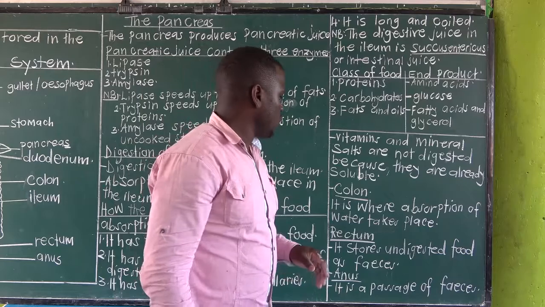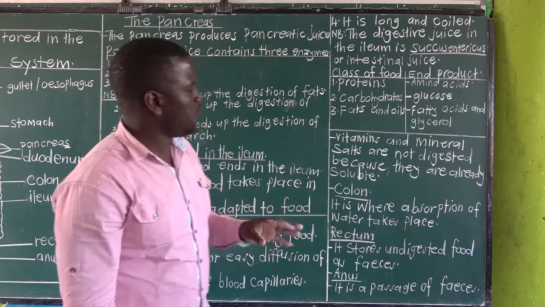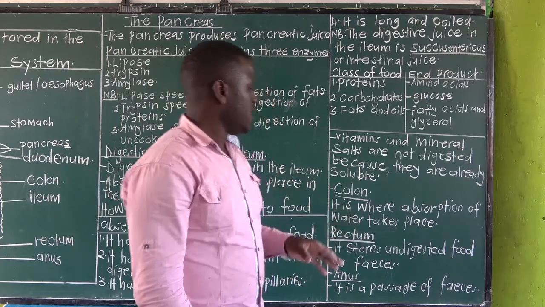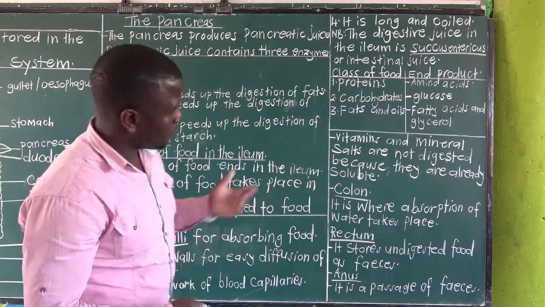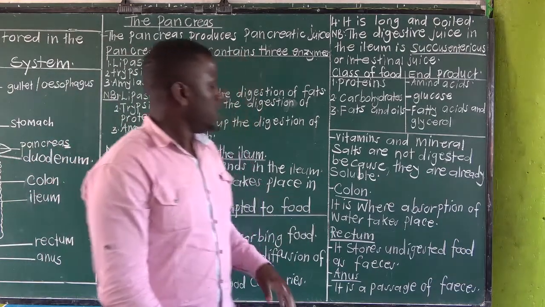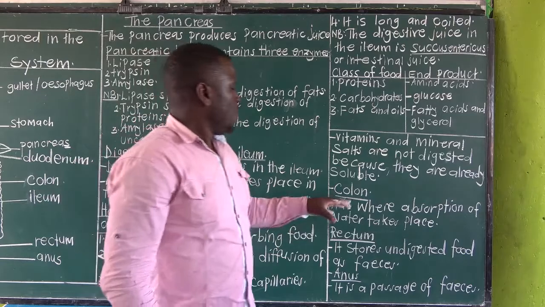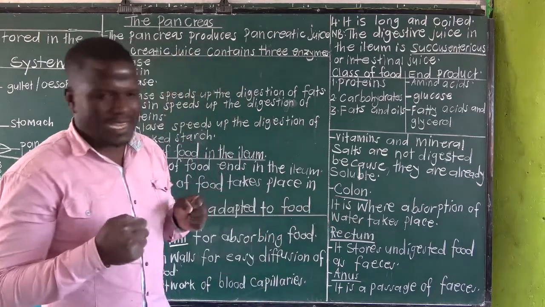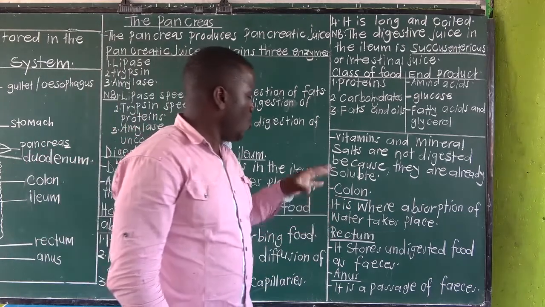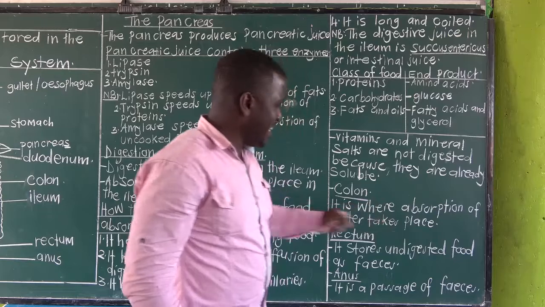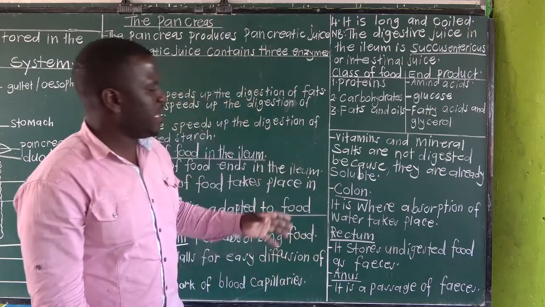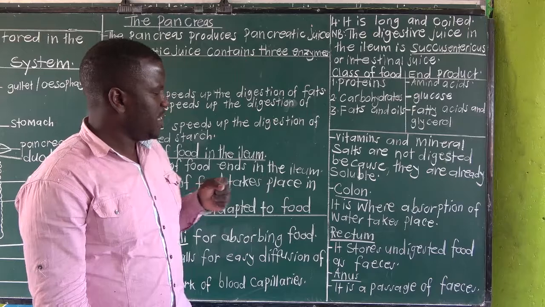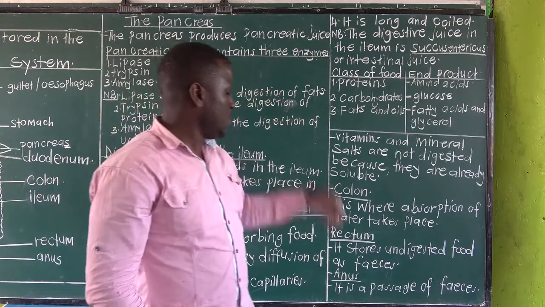Then you look at the colon. The colon is where absorption of water takes place. Water is absorbed from undigested food in the colon. After that, the undigested food continues to the rectum.